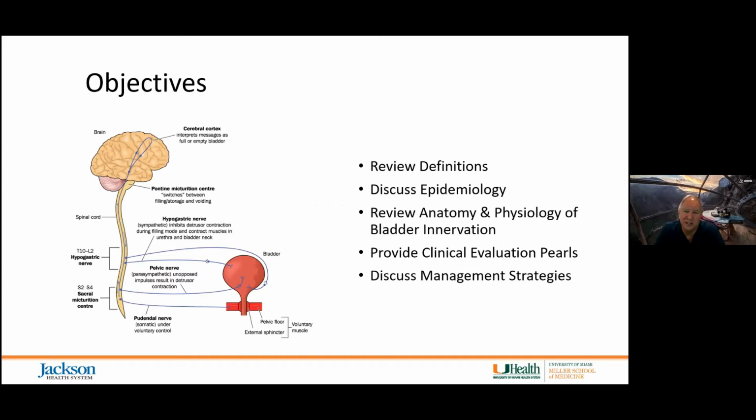And that will include the somatic as well as the sympathetic and parasympathetic nervous systems. We'll talk through clinical management strategies and towards the end, we'll go into the more invasive type of procedures that are necessary to control certain types of neurogenic bladders.